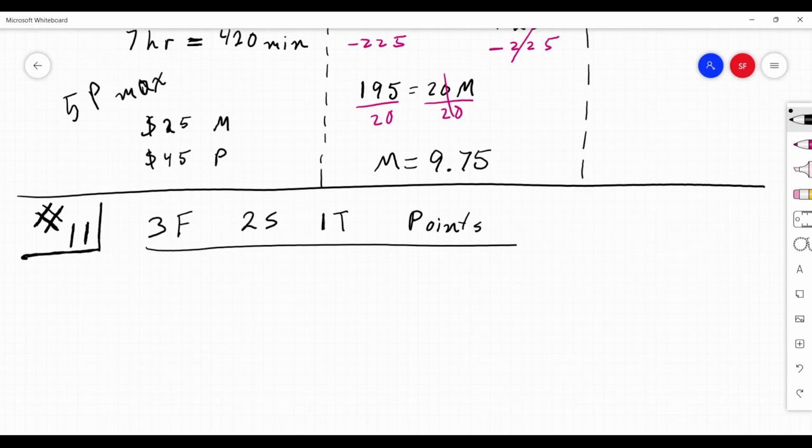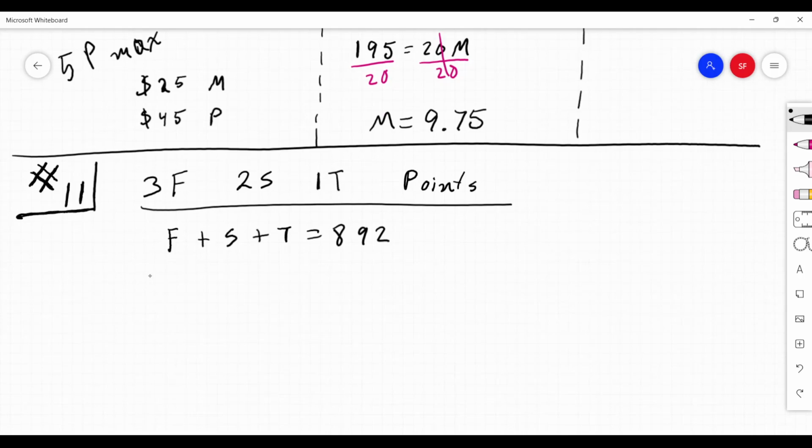He received 892 total. So his first points plus his second points plus his third points equals 892. Wait, no, because that's how many total points you got.